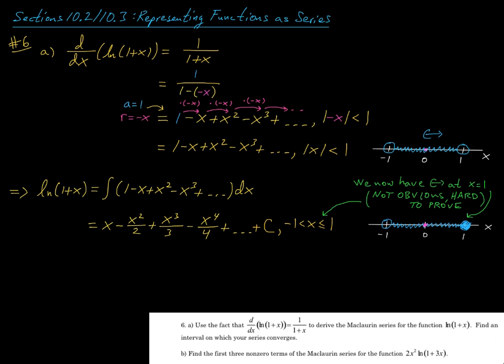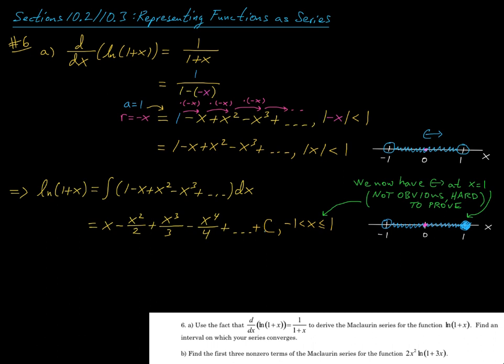Now this, as I note here, is not an obvious fact. Okay, it's hard to prove. It goes beyond the scope of this class, but it is true that the natural log of 1 plus x does converge to this series when x is equal to 1. Okay, so here I've indicated the interval of convergence now for this series representation.